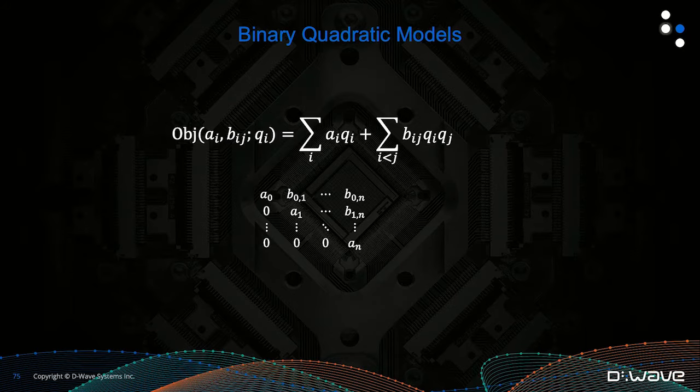It really doesn't matter if you put them above or below the diagonal. The main thing is that you don't want to put them in both places. So each coefficient goes either in Bij or Bji, but not in both. And so what we see is these linear ones along the diagonal, and like I mentioned, we can think about this as an upper triangular matrix where we have all of these quadratic terms above the diagonal.